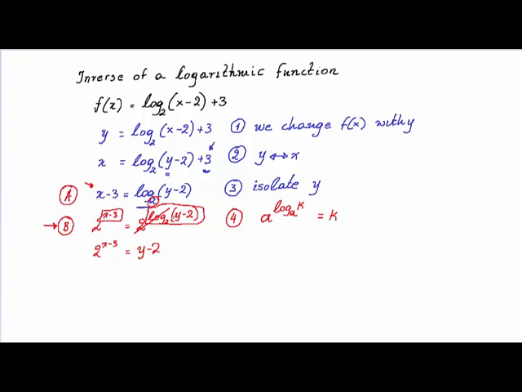So basically I bring the exponent y minus 2 down here, using the property that says that a to the log with base a of k is equal to k. Now things are easier because y is not anymore inside the logarithm and it is not in the exponent. So the next step is again to isolate the y. This is always my purpose. This is always my goal.